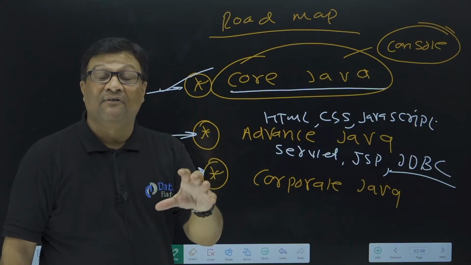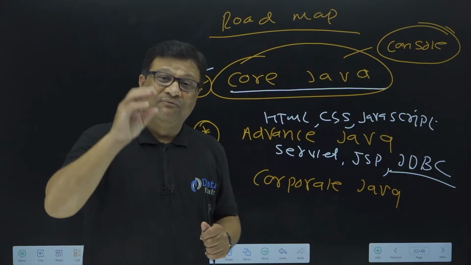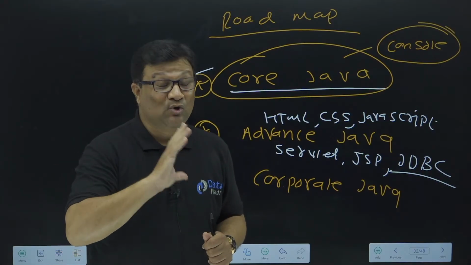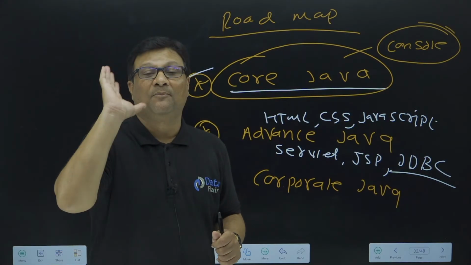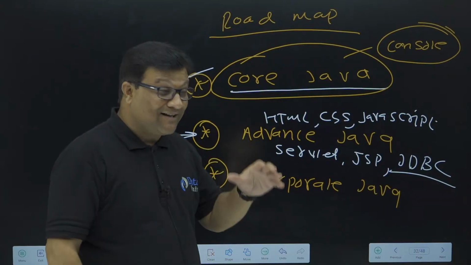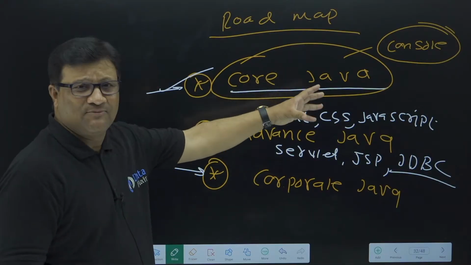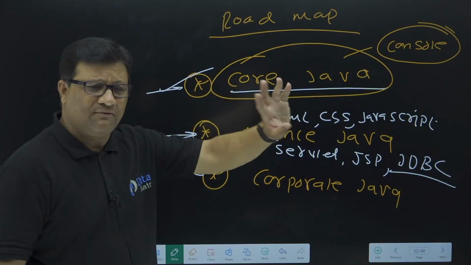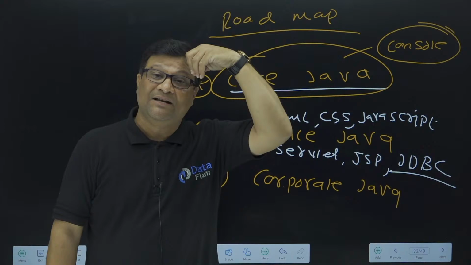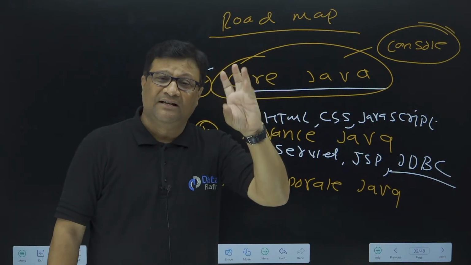So being a Java developer, if you start your career in Java, first please be focused on core Java, then only think about corporate and advanced Java concepts. I hope now you have clarity on the roadmap of Java. I'm not going to mention every small topic I'm going to cover in core Java. Don't worry, check the syllabus of any syllabus on earth for Java, and I'll cover each and every topic.